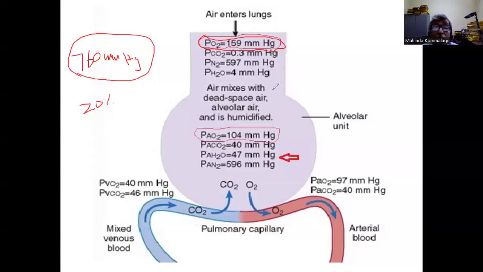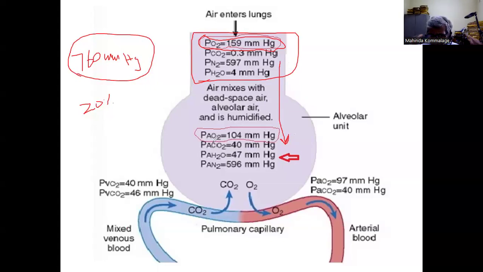So let's say this is the composition outside. When this composition goes through the airway to the alveoli, this is the composition in the alveoli. Basically, this is the composition of the residual air.